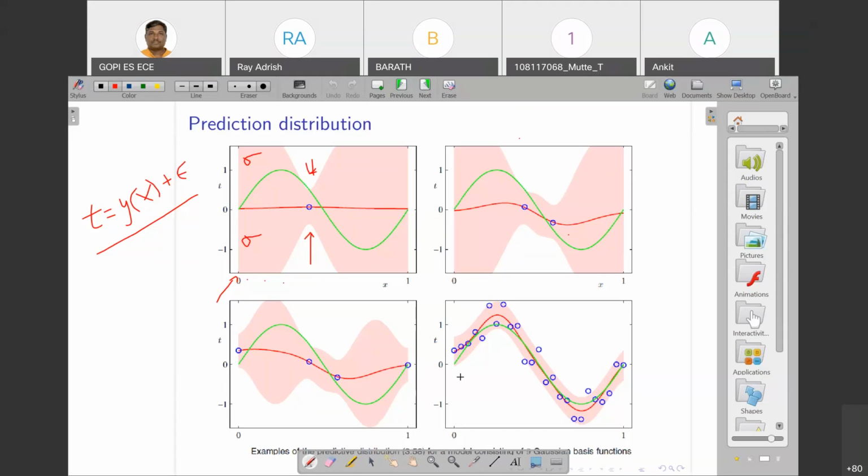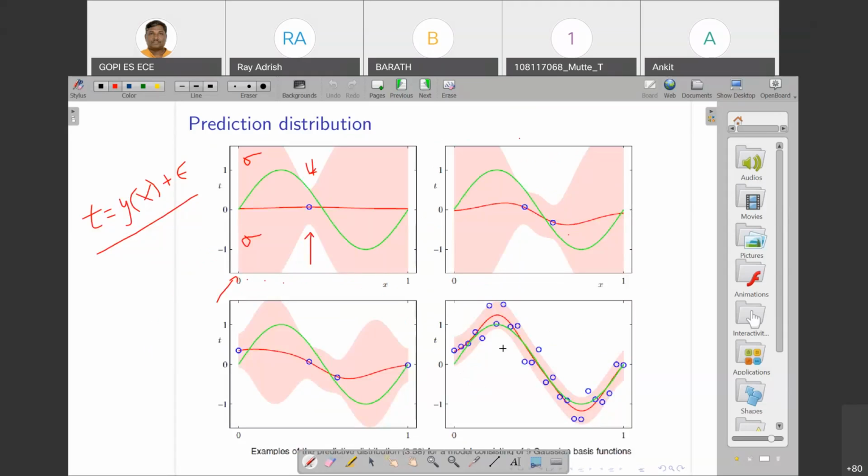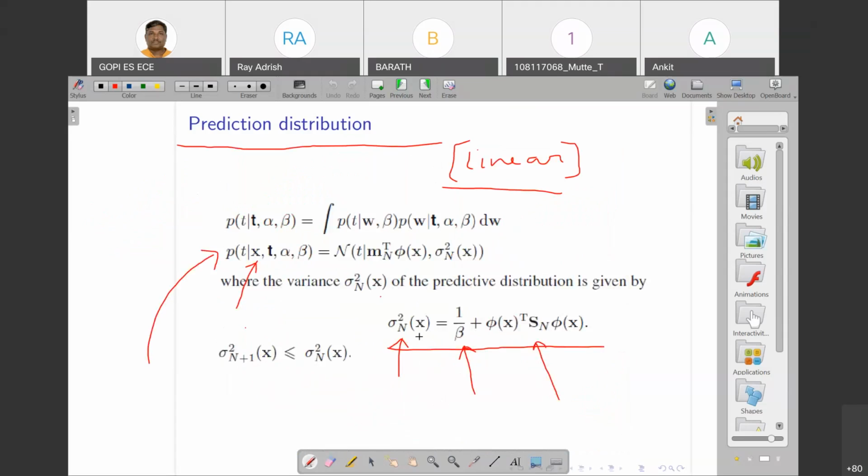As it has 2 components, if the number of data, capital N, is sufficiently large, the contribution to this variance is only due to the noise, 1 by beta, which we cannot remove. So originally the variance of the predictive distribution has 2 terms, one is 1 by beta, contributed by the noise, and the second term involves the covariance matrix of the posterior density function and the basis function.